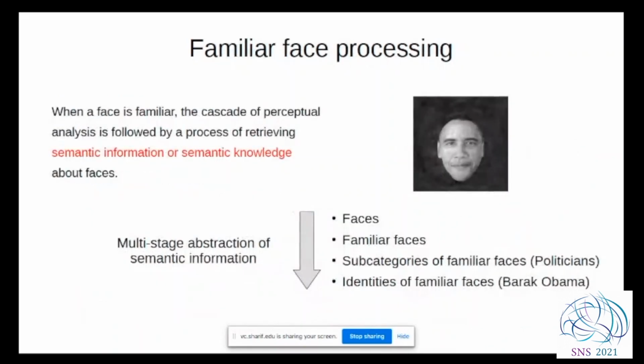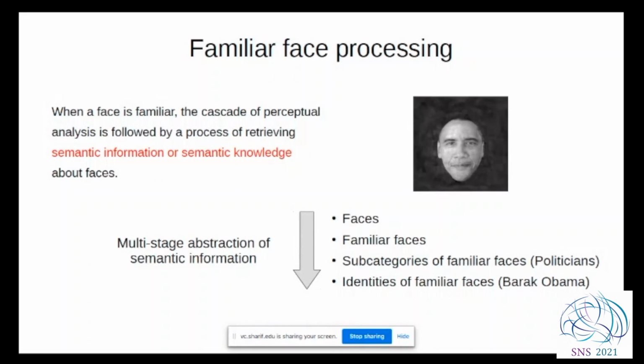One form of face processing is familiar face processing. When you see a familiar face, what happens in the brain is that a cascade of perceptual analysis of faces is followed by a process of retrieving semantic information or semantic knowledge about faces.